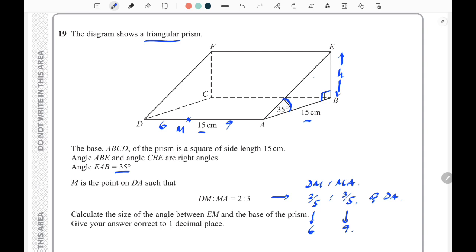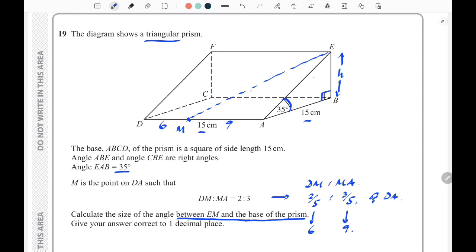Okay? Right, now, what do we want to do? It says calculate the size of the angle between EM and the base of the prism. So EM is effectively, how do we do this now? Like a slanted angle like that, right? That's the line.